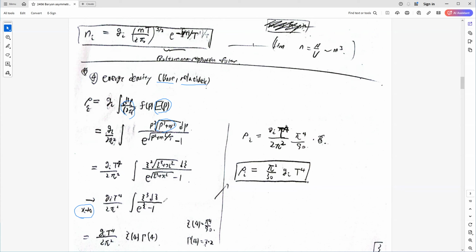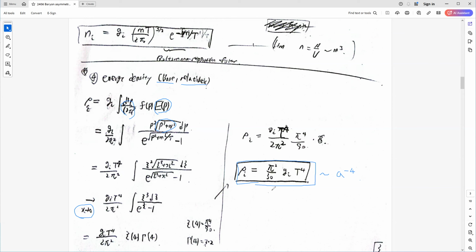By using the same integration techniques, we can obtain the formulas for the Bose statistic in the relativistic limit. The different thing is that the energy density is proportional to T to the 4 in this case. So this is proportional to a to the minus 4 in the radiation case. So this is the same result as the Friedmann equations.